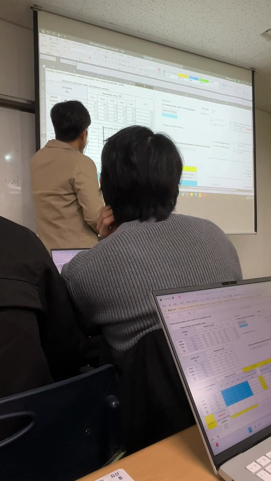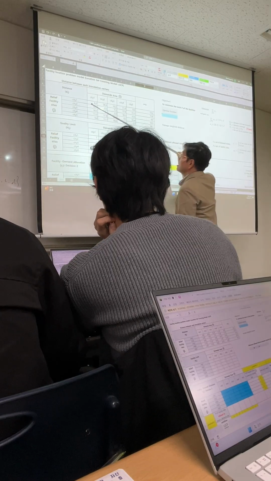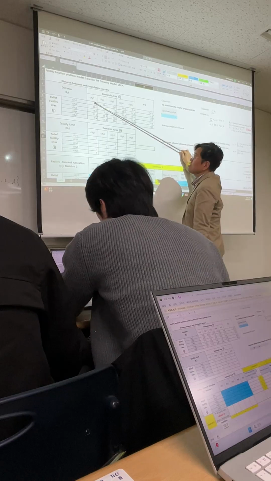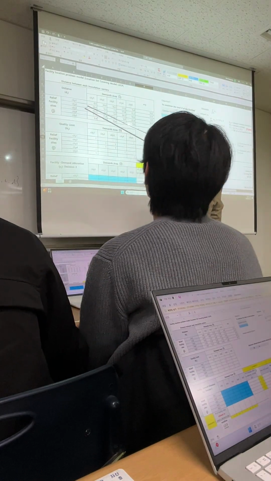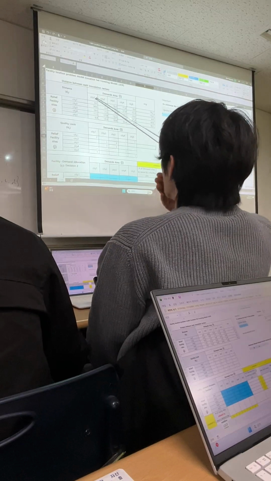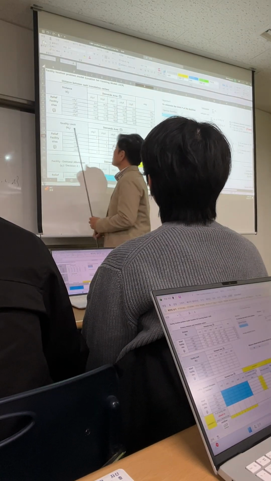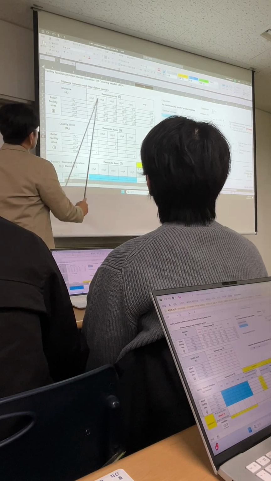Okay. So this is the exactly diagonal. Of course, distance from city 1 to 2 is the same as from city 2 to 1. Okay. So that is the demand. Okay.